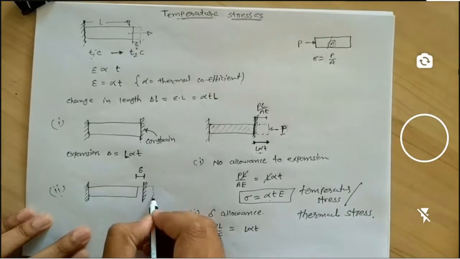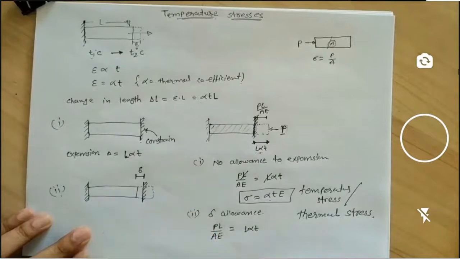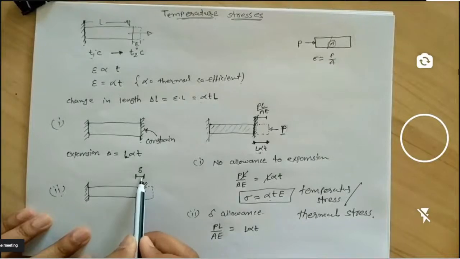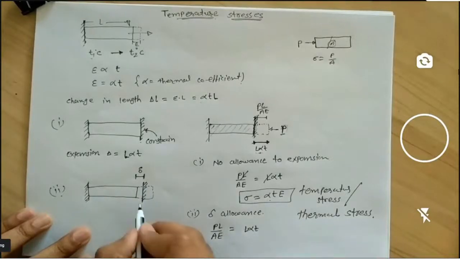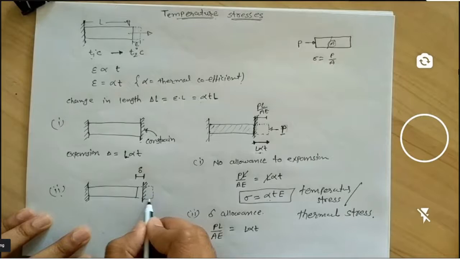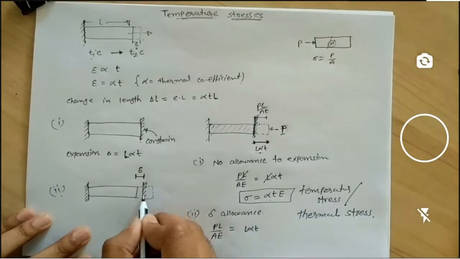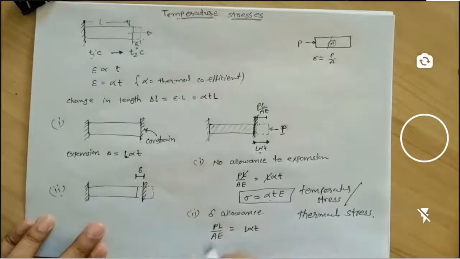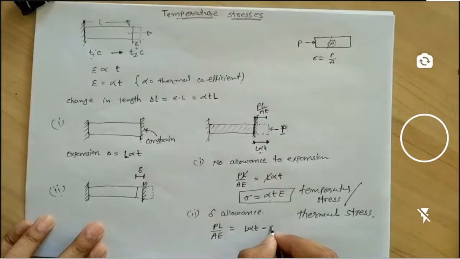Suppose this is L alpha T. Out of this, delta is freely allowed. So for delta expansion, no stress is generated. The remaining portion of temperature expansion produces the stresses in this element. So it is L alpha T, the total expansion, minus delta.